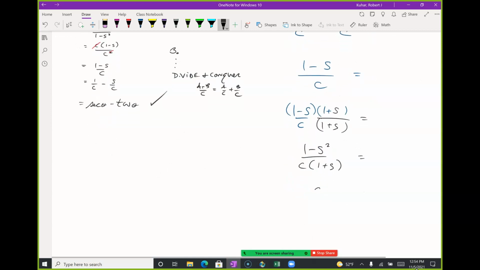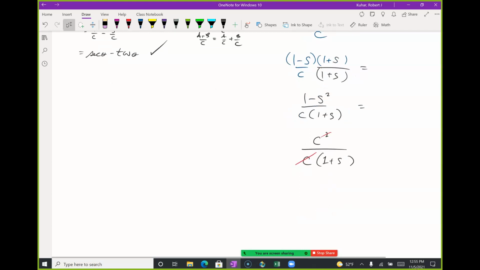And 1 minus sine squared is cos squared. And so one of my cosines will cancel. And there it is. Cos over 1 plus sine. Done.